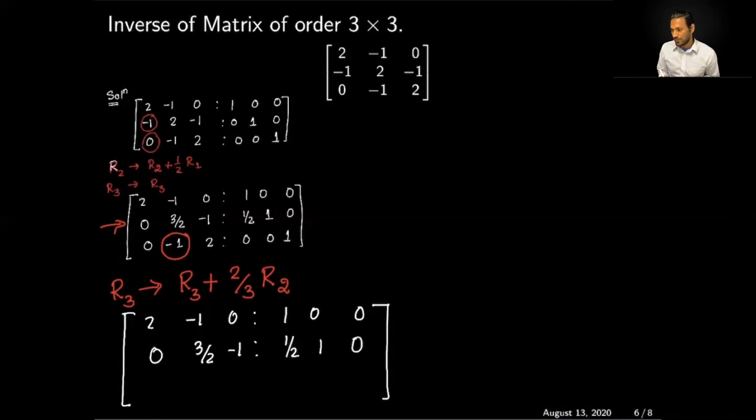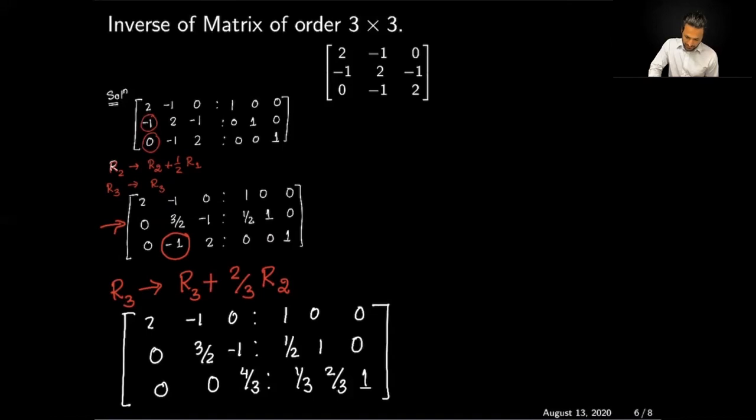And once you apply these operations, you will get 0 here, 0 here, and this entry will be 4 divided by 3, and this entry will be 1/3, this will be 2/3, and this entry will be 1. So this will be your new augmented form after applying that operation.